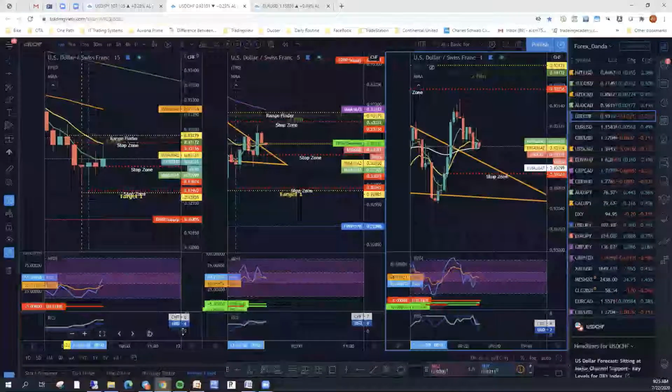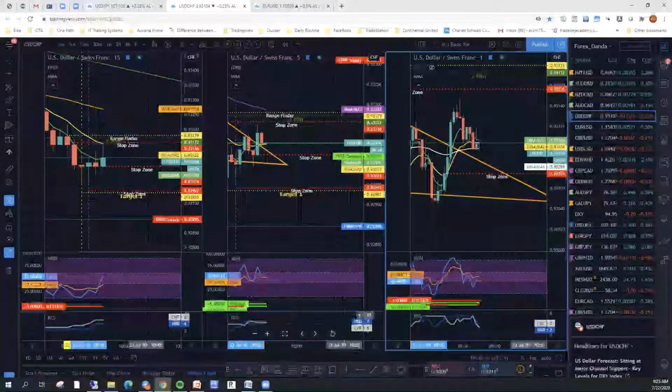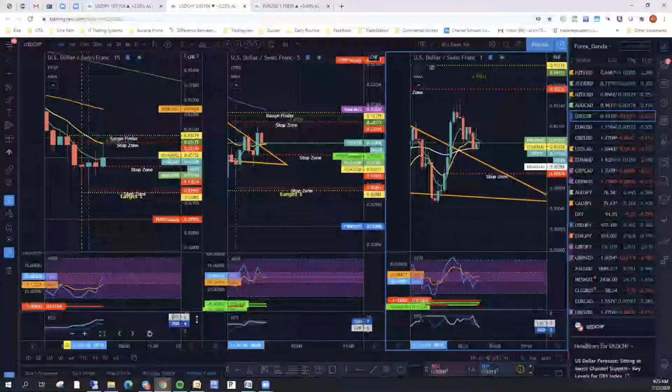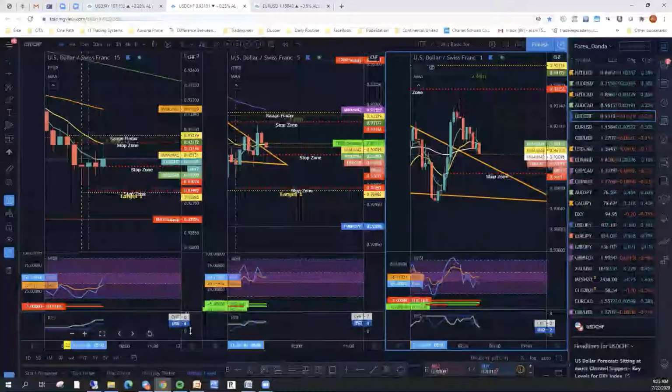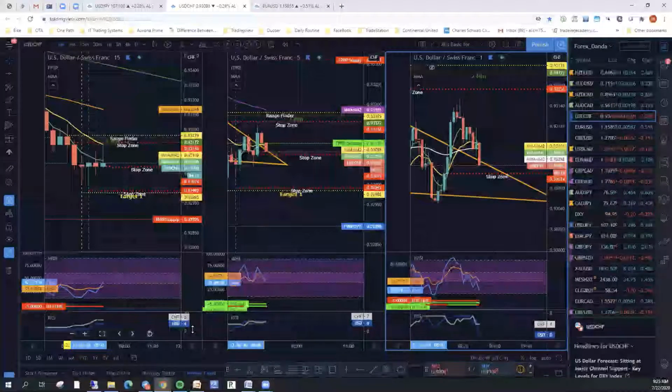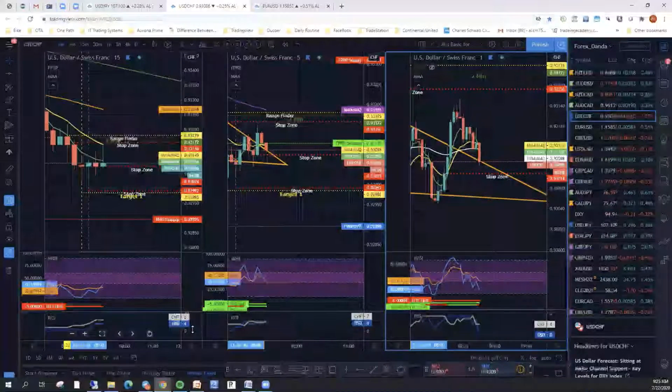So we've got 5 minutes left. It is trying to get some strength to the U.S. dollar. That's again the Swiss and the U.S. pretty much right neck and neck. Swiss is trying to take control, but it's struggling a little bit.